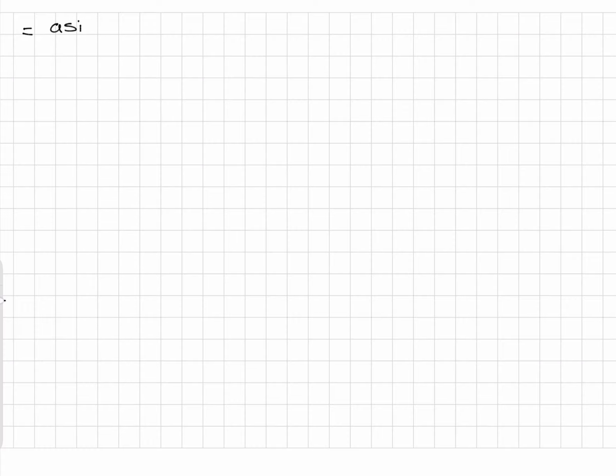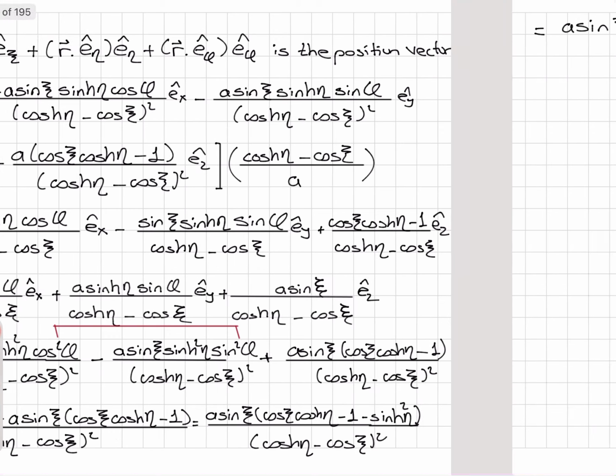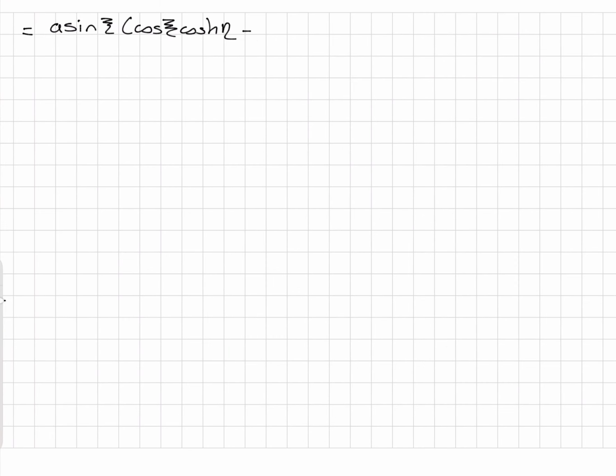a sine psi cosine psi cosine hyperbolic eta, and here I have minus cosine hyperbolic eta squared divided by cosine hyperbolic eta minus cosine psi parentheses squared. All right.